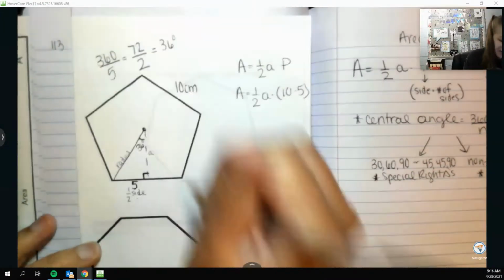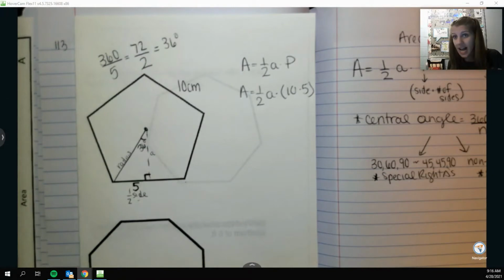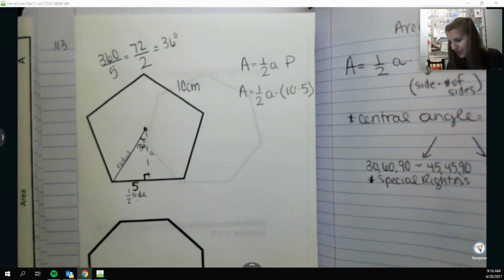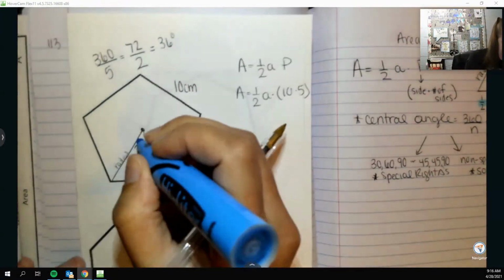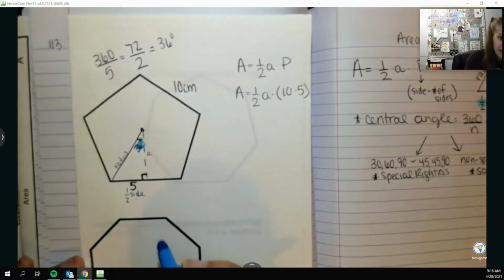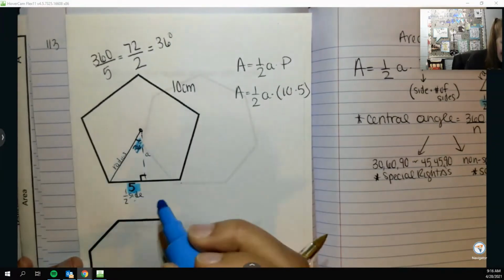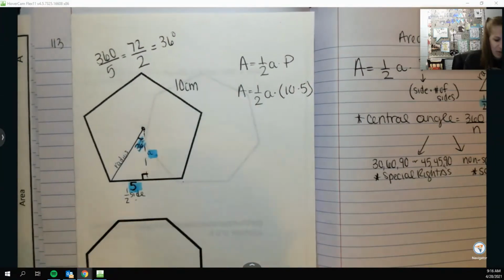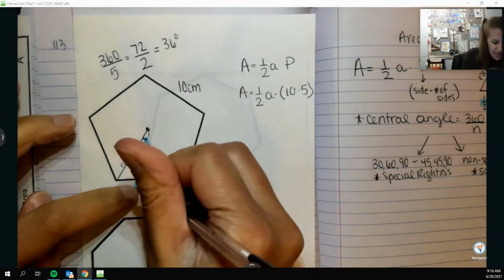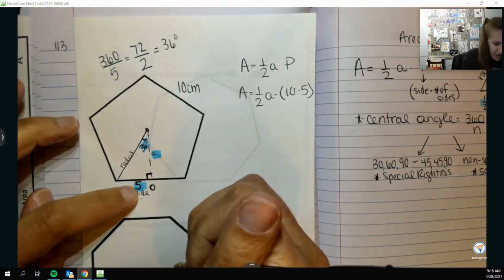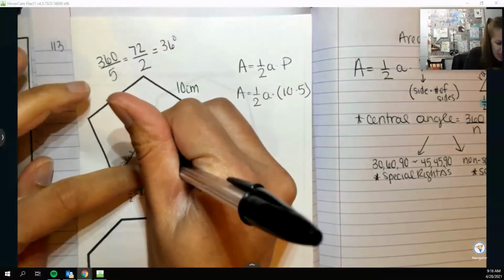which is not one of my special right angles. We got a 36-degree triangle right here. We're going to have to do sine, cosine, or tangent. So because this is the angle that I have, and this is the side that I have, and this is the side that I want, 5 is opposite of that, and the apothem is adjacent to that.